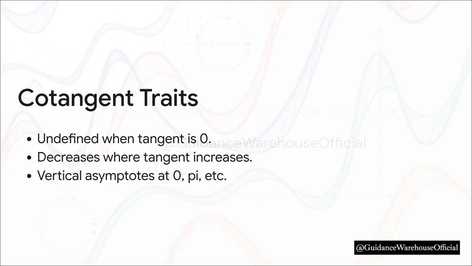The main thing you need to lock in here is that wherever your standard tangent graph crosses that 0 mark on the x-axis, your cotangent graph is undefined, which means, you guessed it, it's going to have a vertical asymptote right there. And while the tangent graph is always increasing, curving upwards from left to right, the cotangent graph does the exact opposite. It decreases, continuously sloping downwards. And its vertical asymptotes land perfectly clean at 0, pi, 2 pi, and so on.